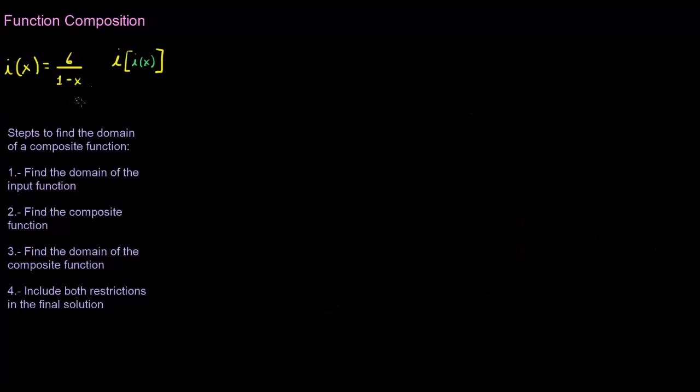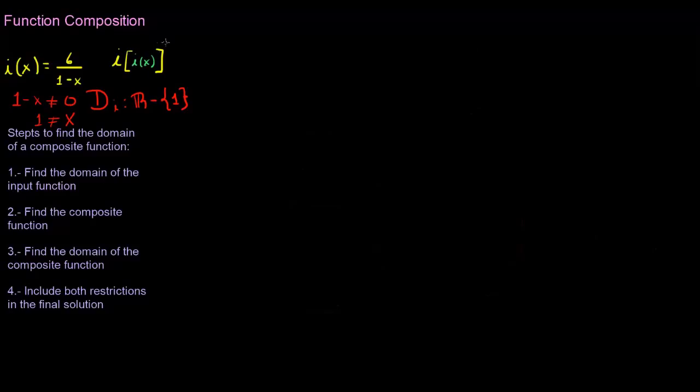So this one here has to be different from 0. So it will be 1 minus x different from 0. In other words, x different from 1. So the domain of I would be all the real numbers except for 1.